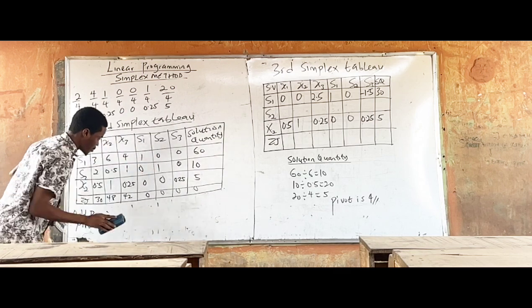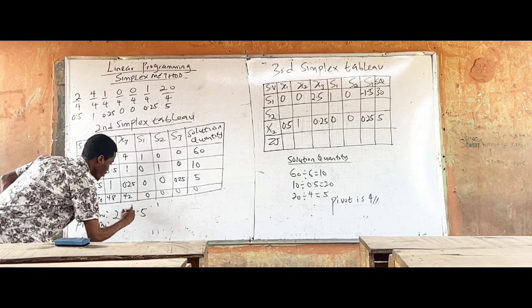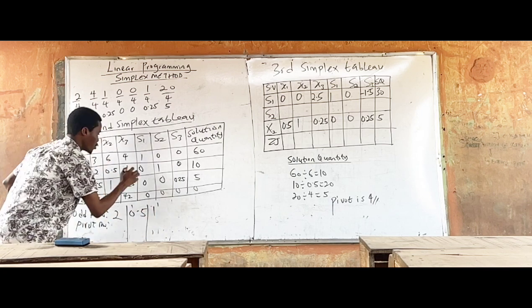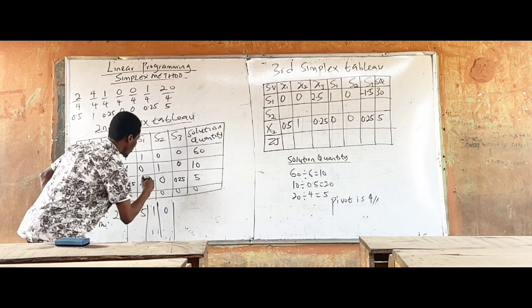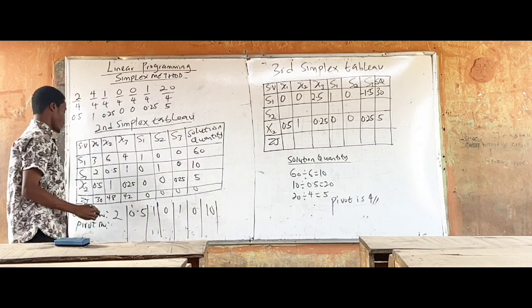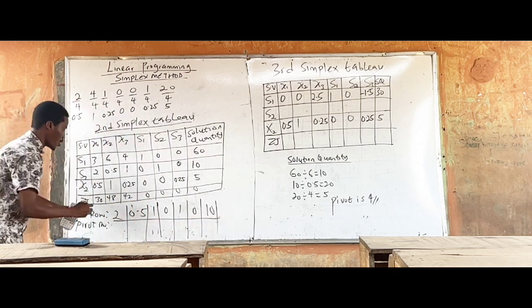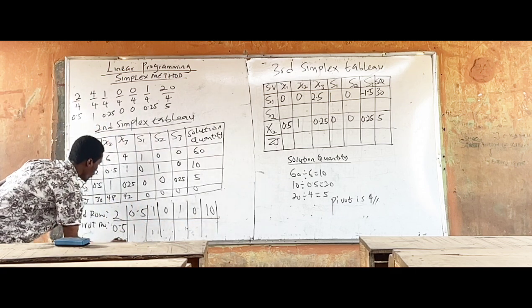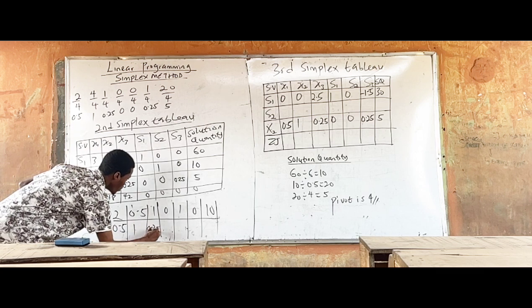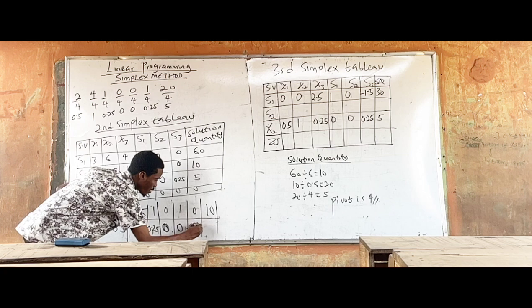Let me write it again. My old row is 2, 0.5, 1, 0, 1, 0, and 10. My pivot row is 0.5, 1, 0.25, 0, 0, 0.25, and 5.